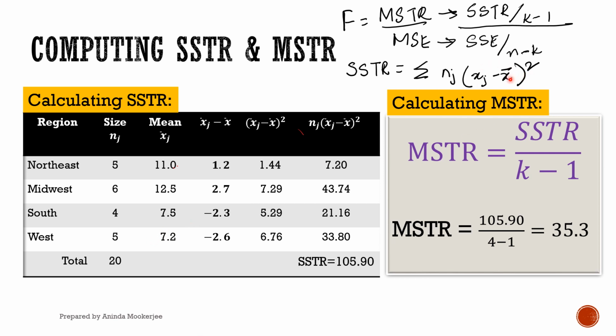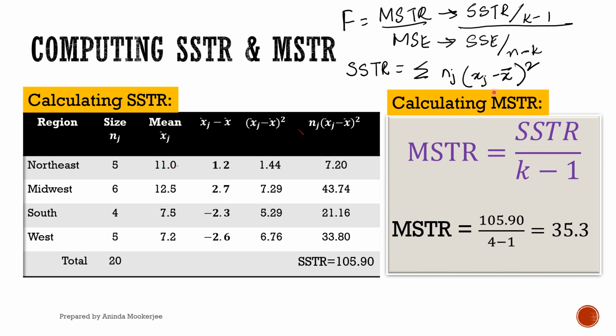Keep in mind that we had previously defined SSTR as how much the individual means of each region vary from the overall mean, and then it's actually the squared difference, right?